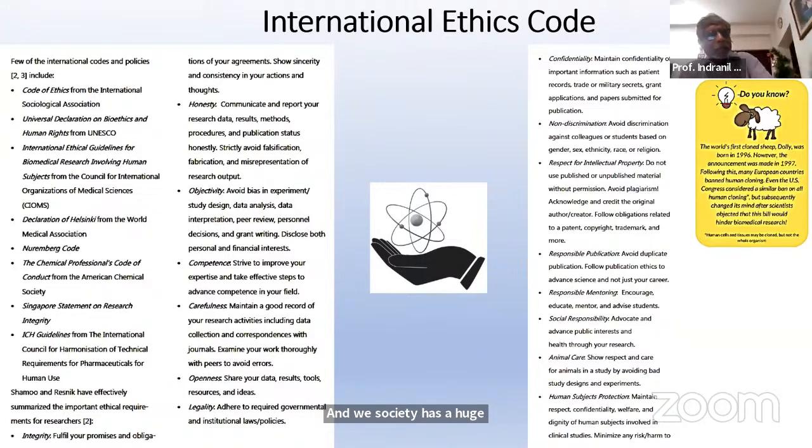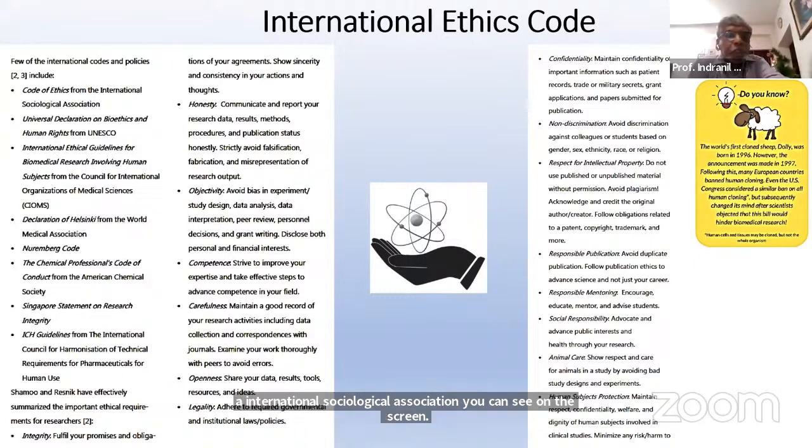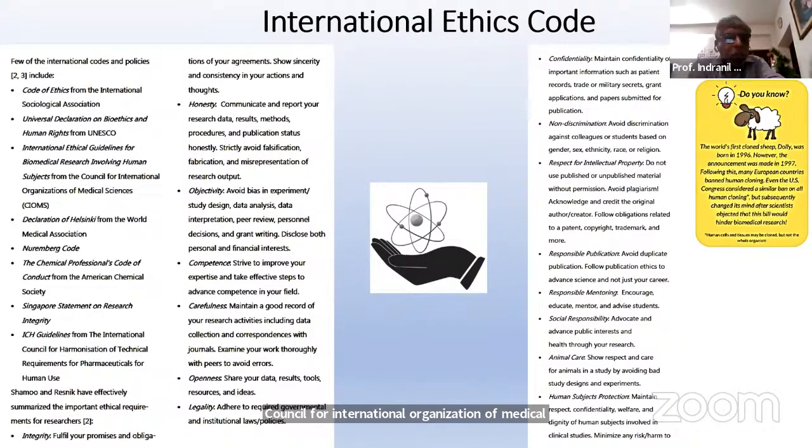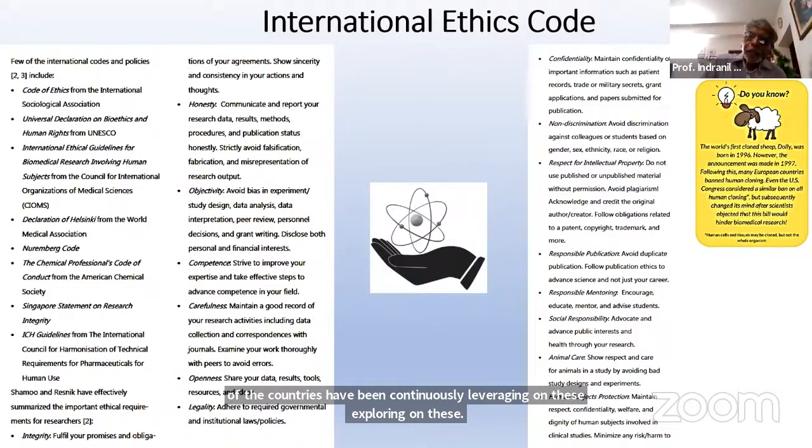And also, you can see one thing, that this has come from different organizations, like the International Sociological Association, the Council for International Organization of Medical Sciences, the World Medical Association, the Nuremberg Code we saw just now, then the American Chemical Society, ACS, a very, very famous organization, and the Singapore Statement on Research Integrity. Why? Because many countries have been continuously laboring on this, exploring how to improve their quality of research.